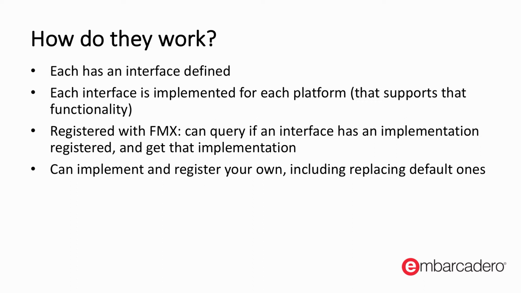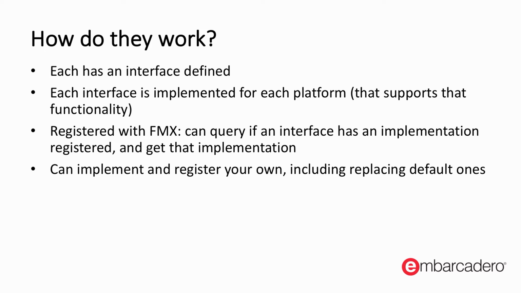Sometimes platforms might not have an interface registered, so when your app is on iOS, say, and you ask FMX, is there a mouse cursor interface implementation, you'll get false, nothing, because iOS has no concept of mouse cursors, so no cursor implementation has been written or registered for iOS. But Windows has an implementation registered, since changing the mouse cursor is an essential part of a Windows app.